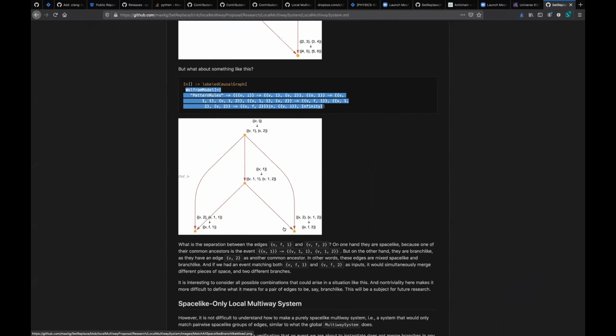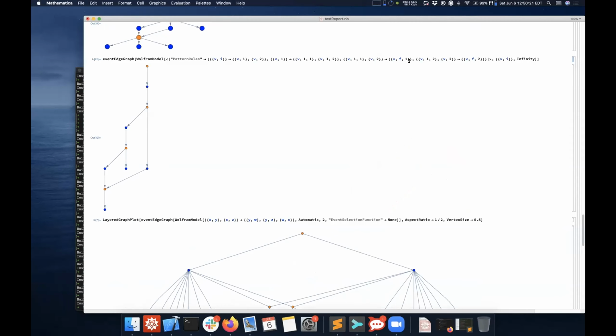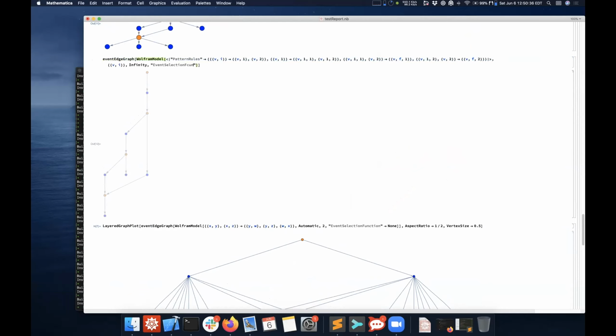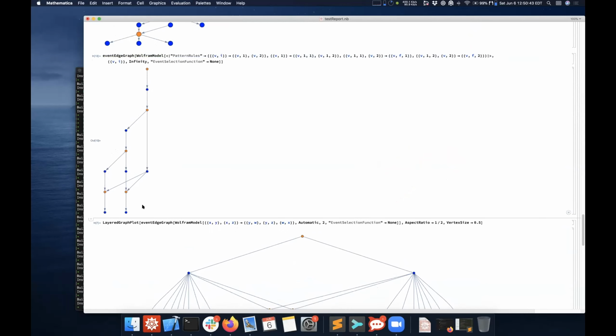And besides, these are events. I'm confused by your picture on the other thing. So hold on. Let's just take a look at what's going on here. I don't understand what the VI1 whatever, but doesn't really matter. I see why. I need to actually specify event selection. It was not doing the multi-way. Okay. Now it's better.